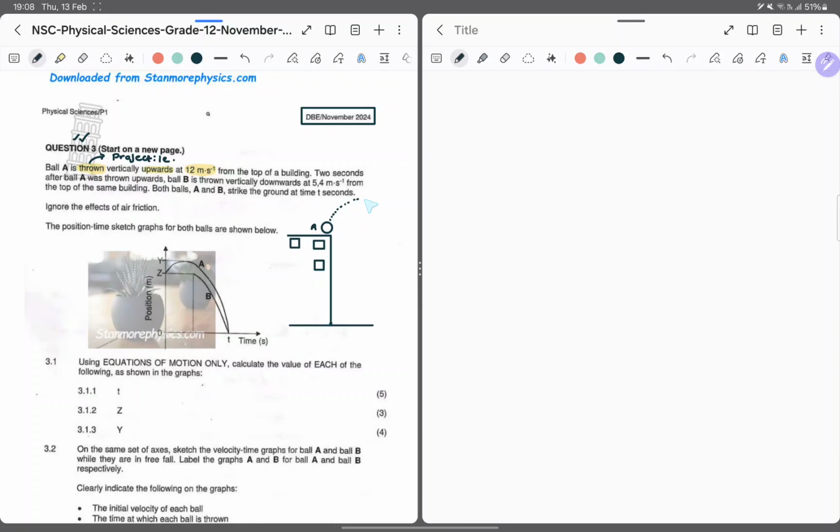So we know that as it goes up, it reaches maximum height, it will then come down. The trajectory here is very important, and there is our ball on the ground. Okay, so this is what we can understand. And then of course we are told that its initial velocity is 12 meters per second upwards. This is very important.